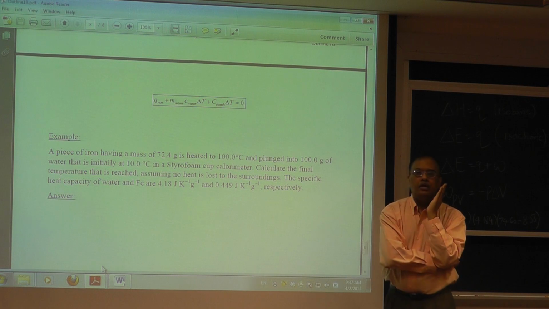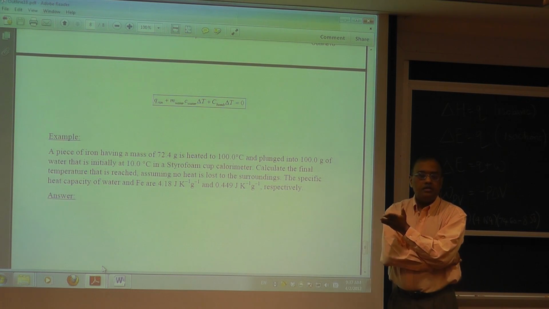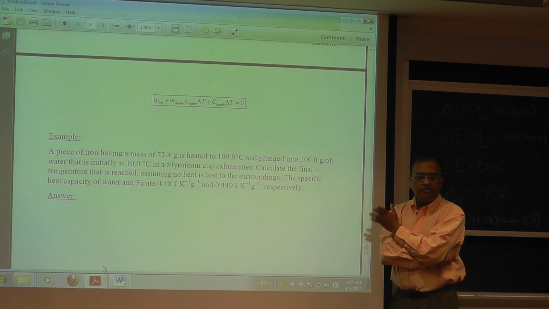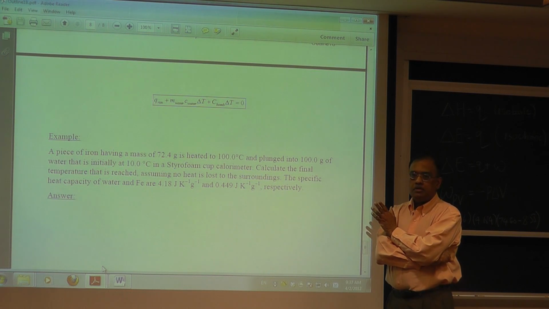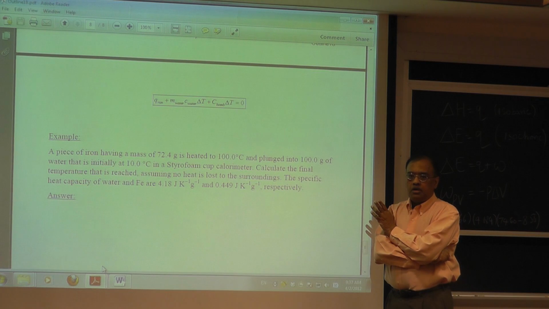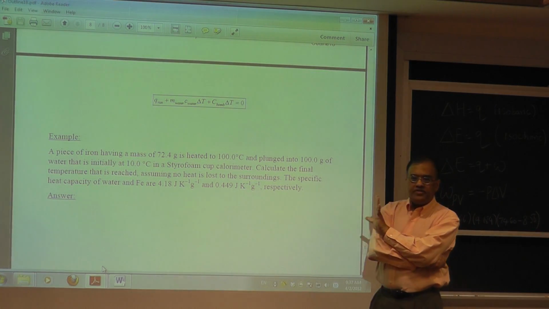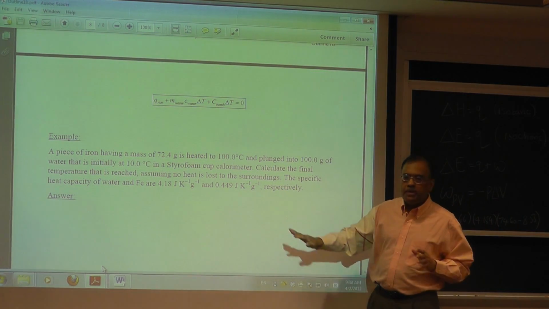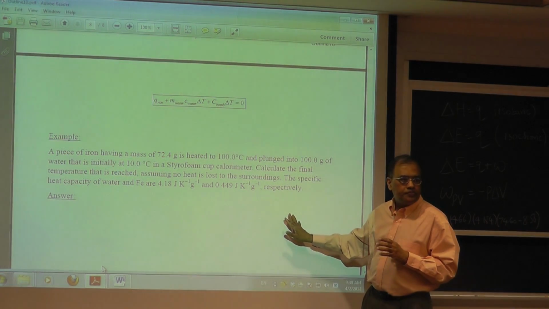They're equal. The final temperature of the water and the final temperature of the iron must be equal. All right? Based on all of these hints, I think you should be able to do this problem here.